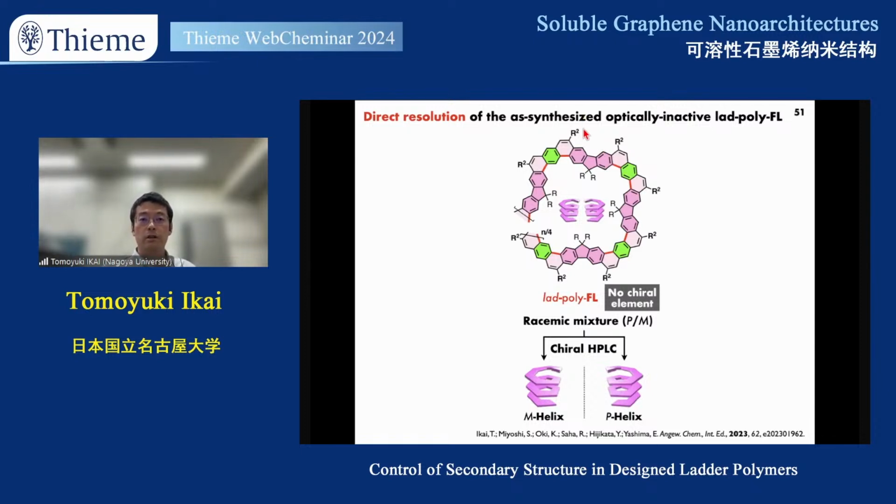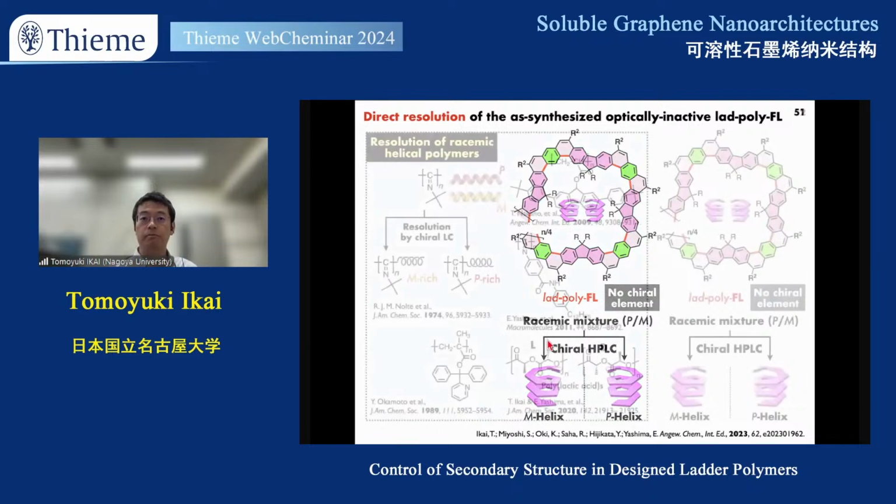As I mentioned before, if the eluted fractions show optical activity, we can state that this polymer has a chiral secondary structure.